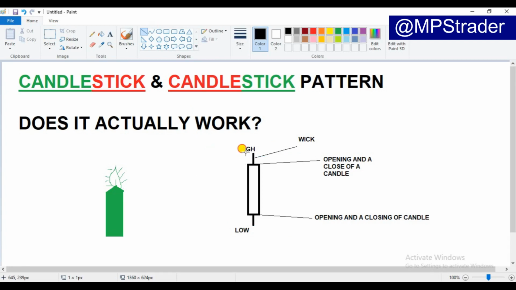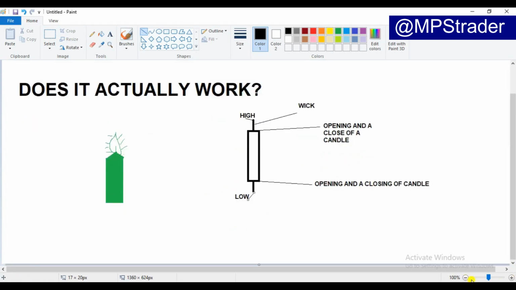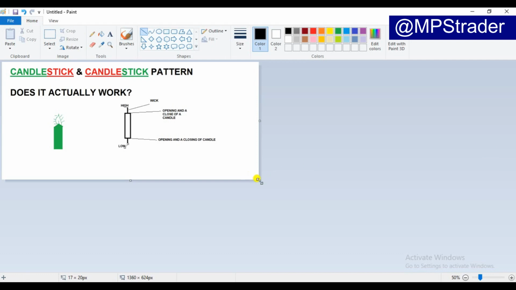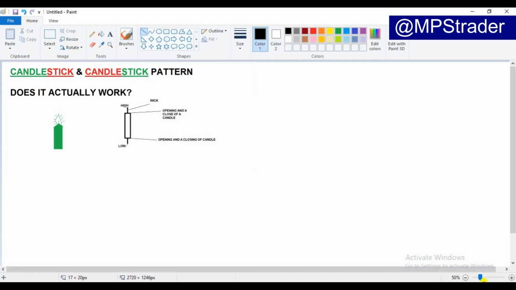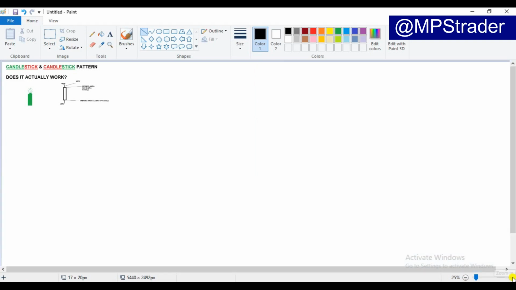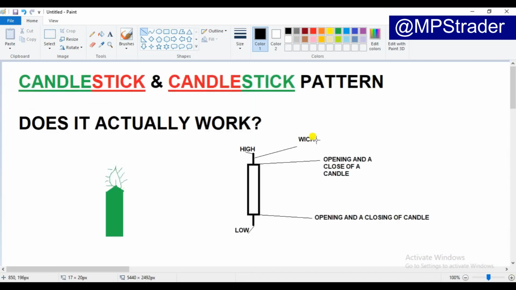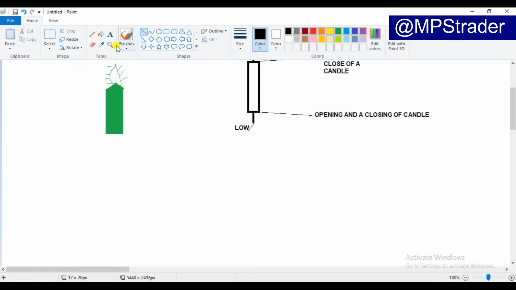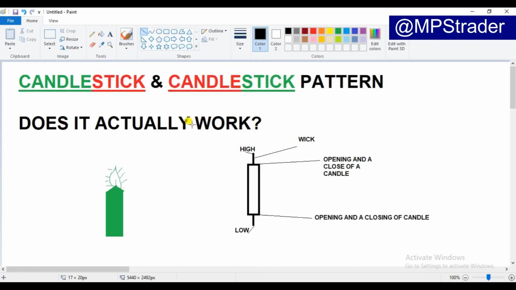So this is a candle. So everyone clear, right?